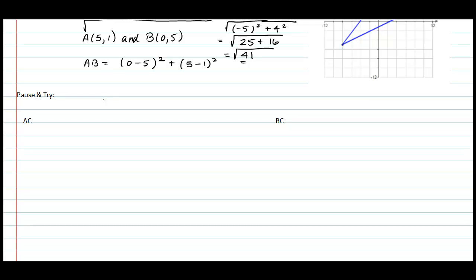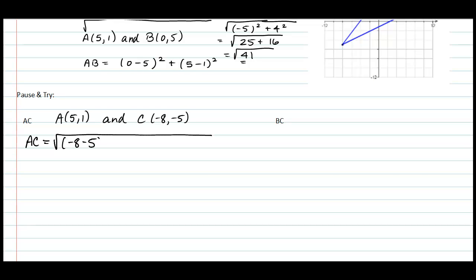For side AC, we are using the points (5, 1) and (-8, -5). The distance formula would be the square root of -8 minus 5 squared plus -5 minus 1 squared.